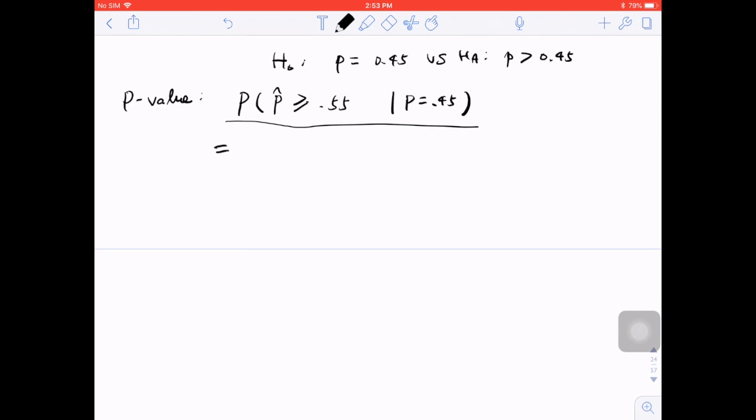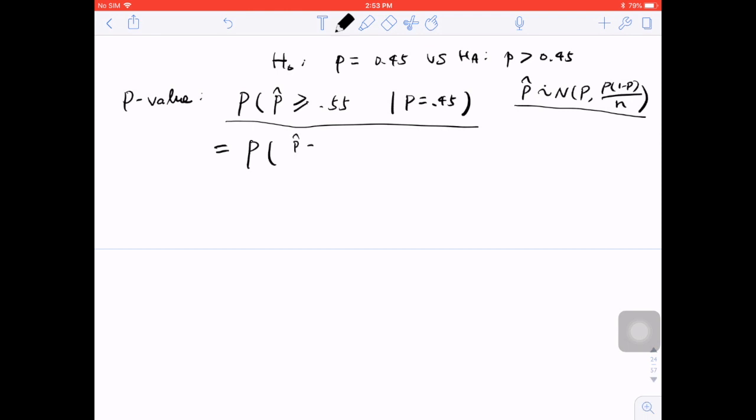And like what we did before, we'd like to convert this p-hat to the z distribution, because we know that p-hat approximately follows the normal distribution with mean p and variance p(1-p)/n. So this is the distribution of p-hat. We'd like to convert p-hat to a z.